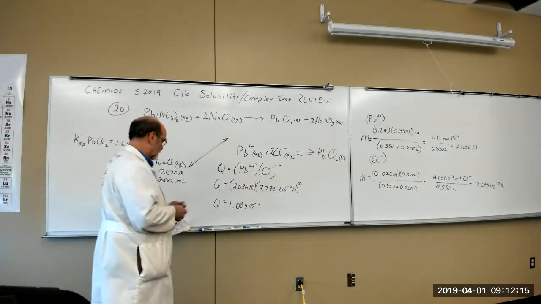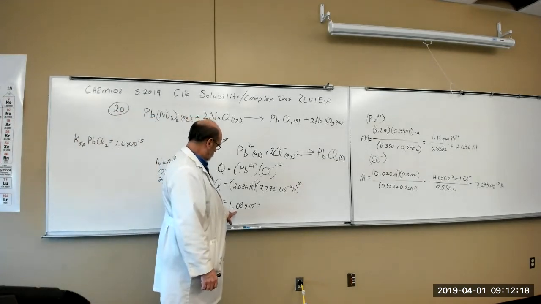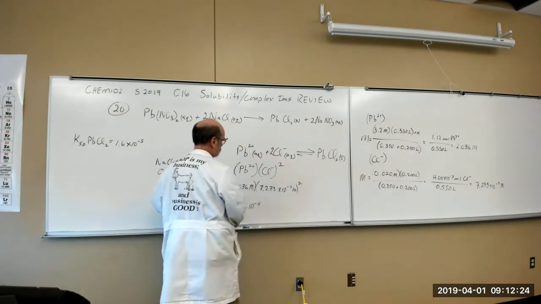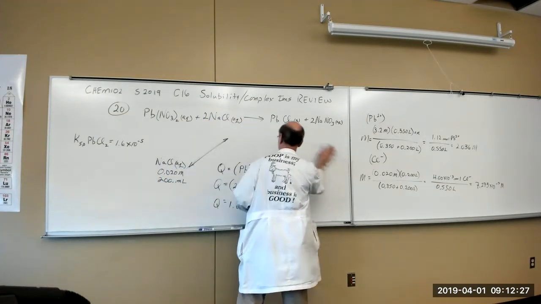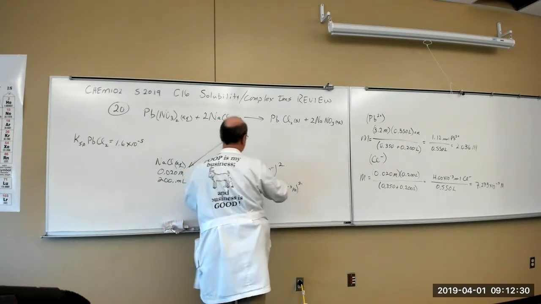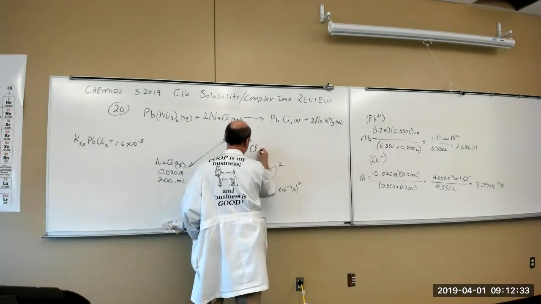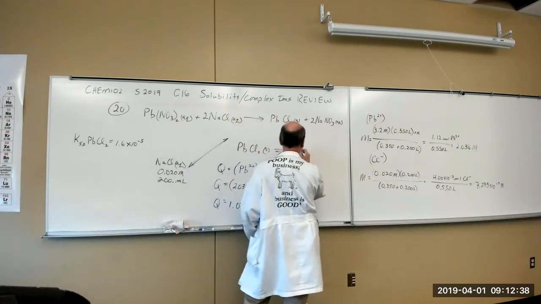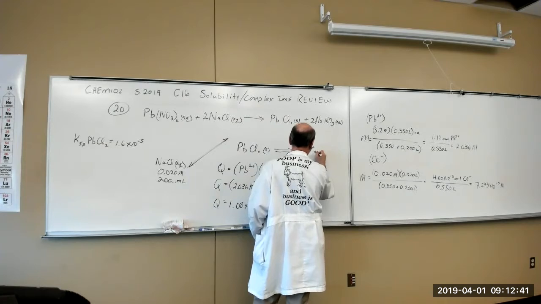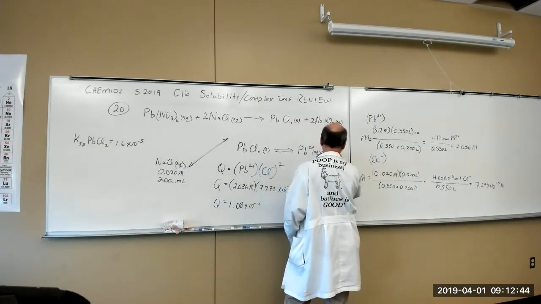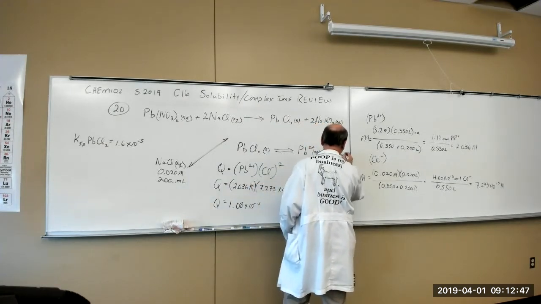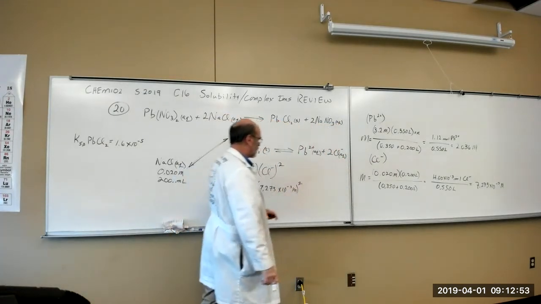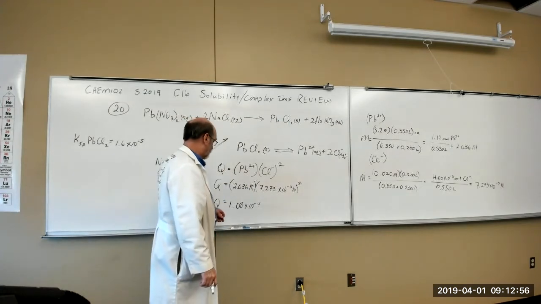And then what does that tell us? Well, Q, actually, we should flip that, before we try to talk about the significance of the Q. Okay, so now that we've calculated Q for this, the ion product, we can say which direction that reaction is going to go.